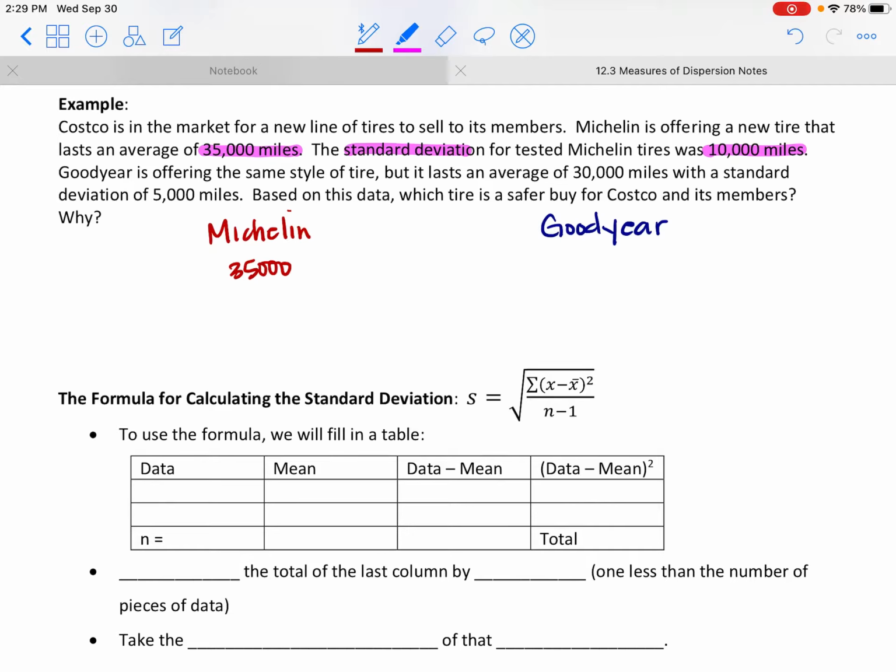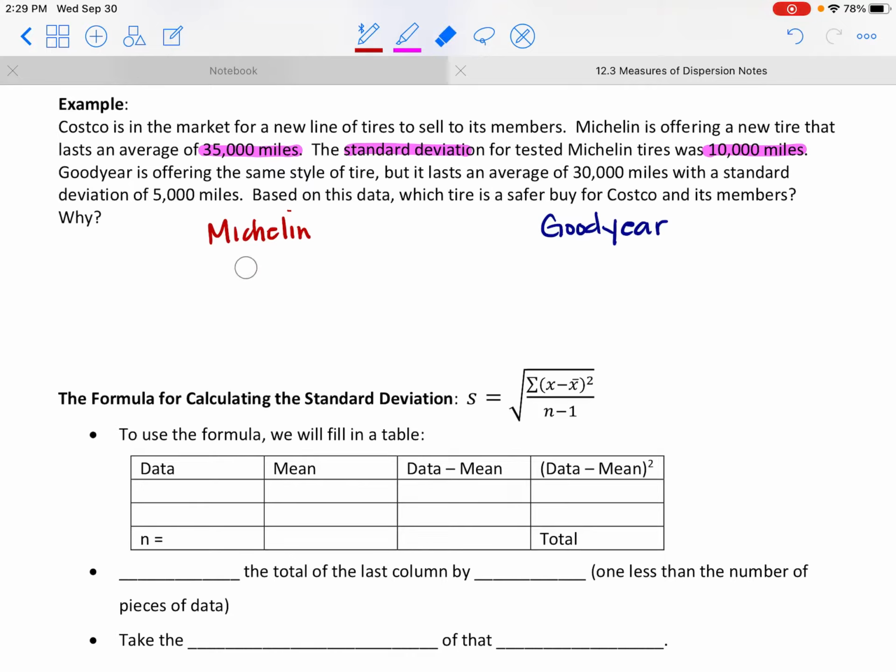So it could be 10,000 above or 10,000 below. So for the standard deviation of 10,000, let me get off my highlighter here, we add and subtract 10,000 from this number. That means on average, our tires could be 10,000 miles below or 10,000 miles above.